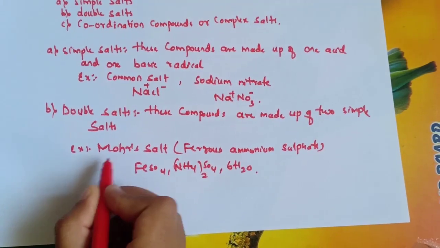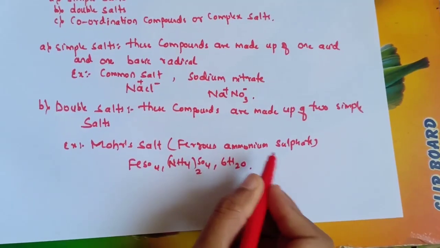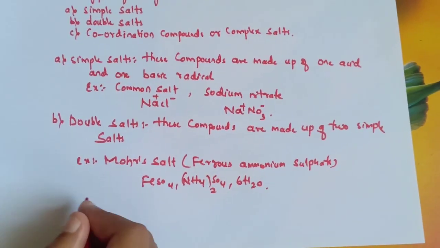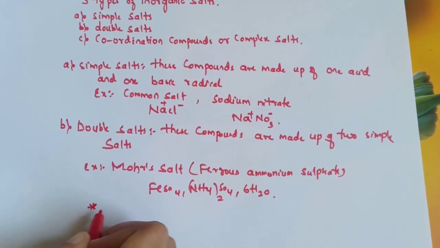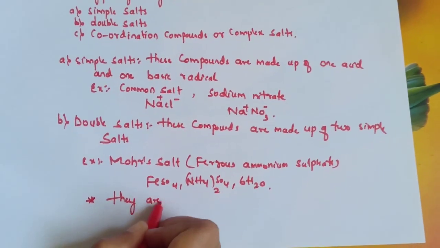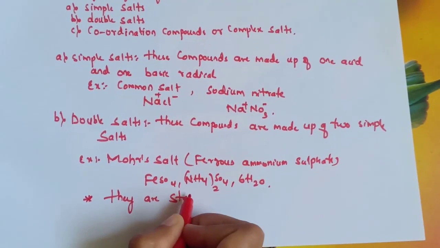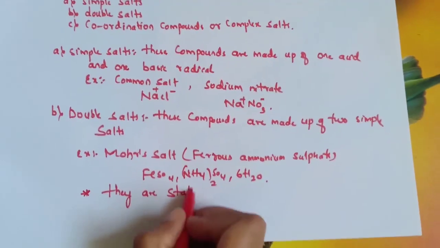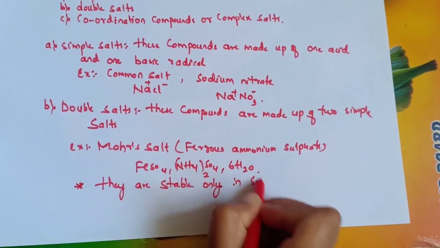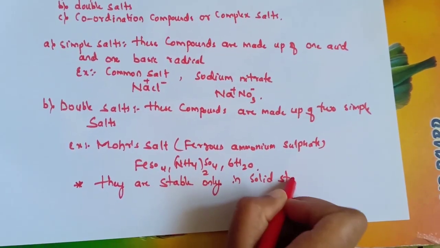The common example is Mohr's salt, also called ferrous ammonium sulfate. And the point is, they are stable only in the solid state.